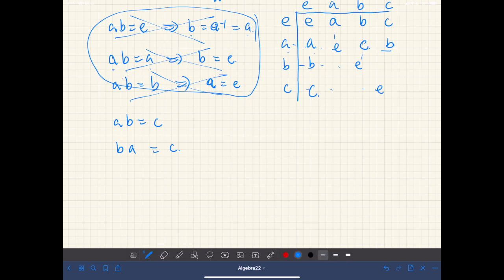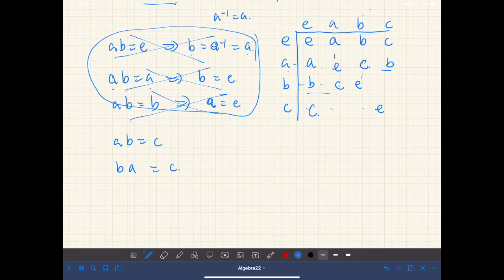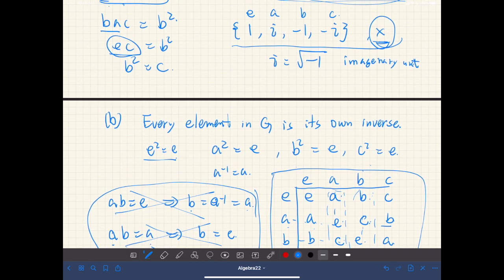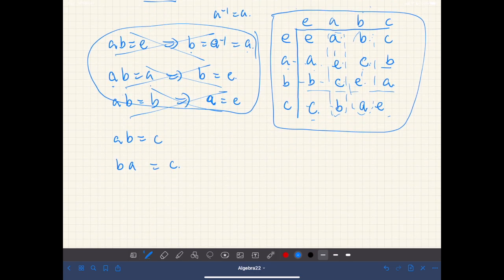So BA is equal to C, and for this row, the missing element is A. And for the second column, the missing element is AEC, so that should be B. And for the third column, the missing element should be BCE, that should be A. So that's the Cayley table for the group of order 4, given that every element is its own inverse.